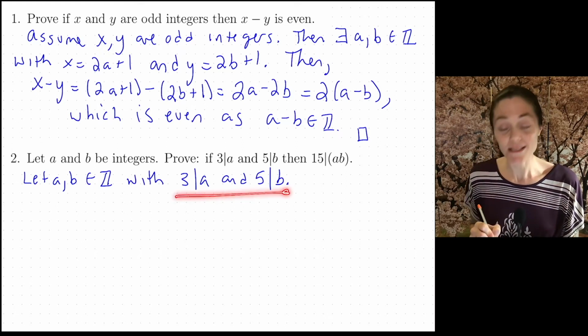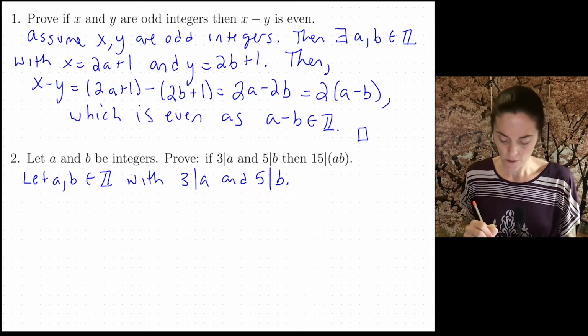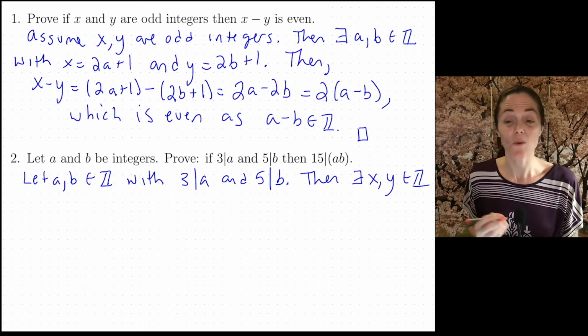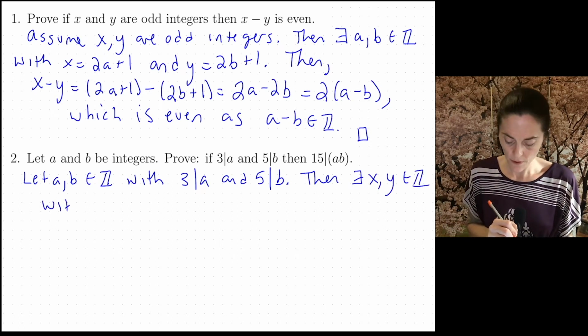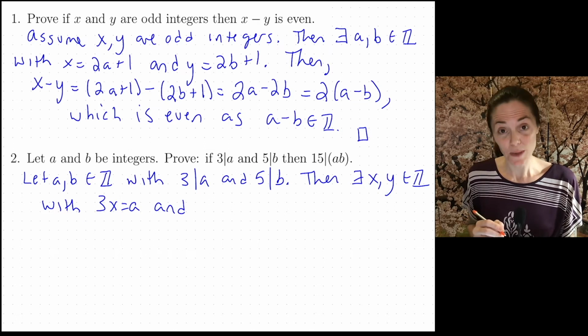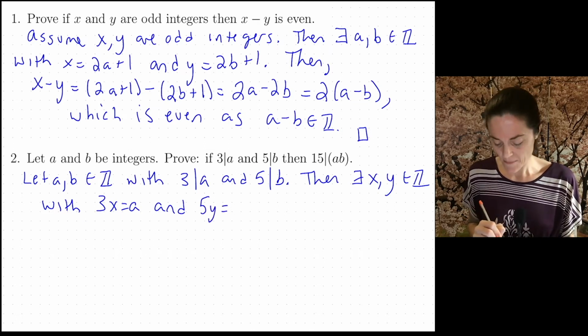Well, we need to use the definition of divides. Let's see, I guess I'll call them x and y this time. We have x, y integers with, well, 3 divides a says 3x is a, and 5 divides b says 5y is b.